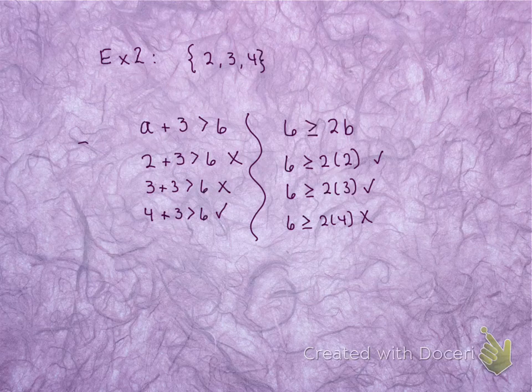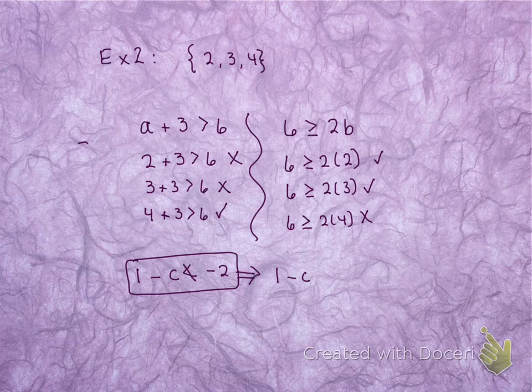Okay? Now the last one involves a negation. So instead of looking at the negation statement, we're going to rewrite that. If we have 1 minus c is not less than negative 2, that must mean that 1 minus c is greater than negative 2.